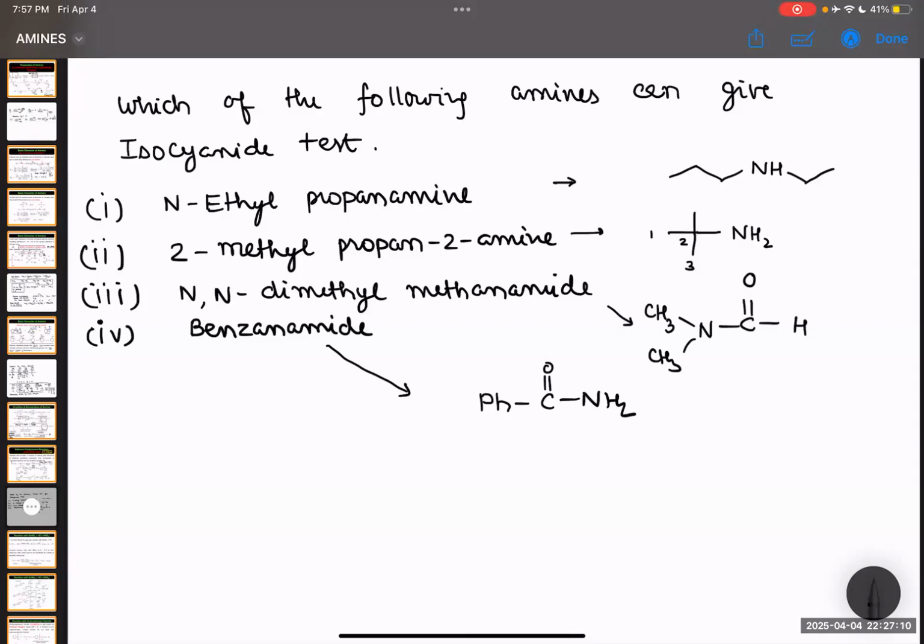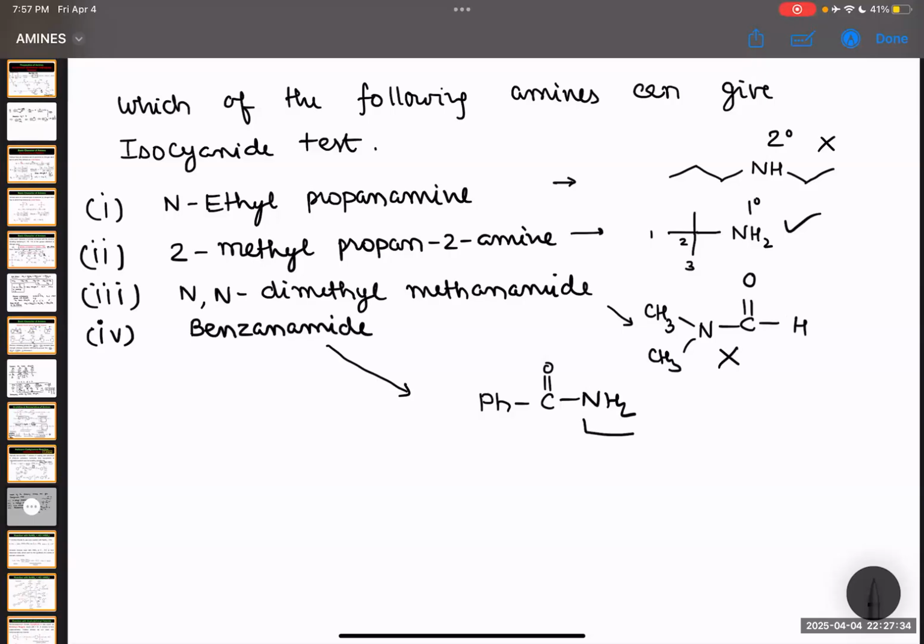So definitely this is a secondary amine. This is not going to give this test. Got it? Clear? Yes, sir. This is a primary amine. This can give this test. This cannot give the test.